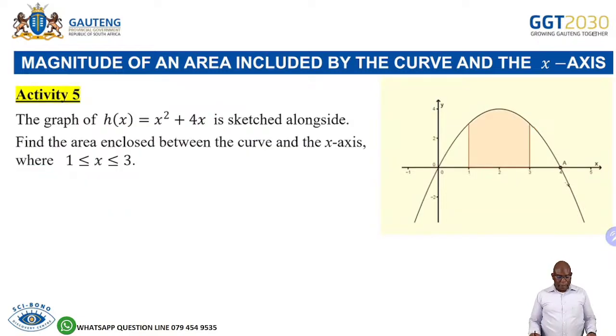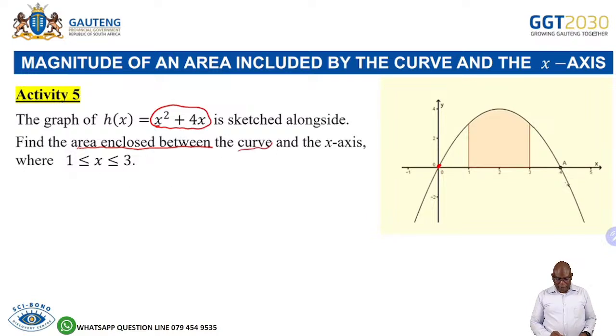Right. The magnitude, here's an activity. The graph that is here is the graph of x squared plus 4x. The question states that we need to find the area enclosed between. In this case, you'll be given a sketch, and that sketch will indicate the area between those values.